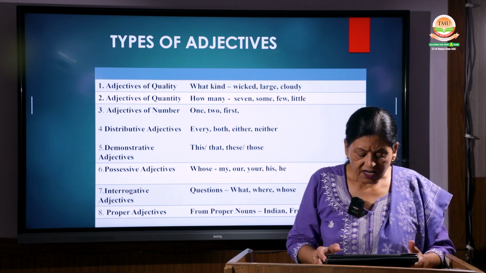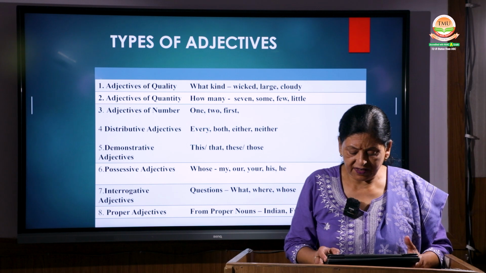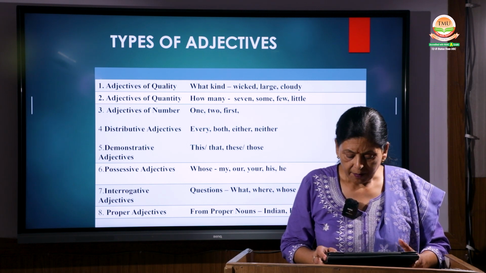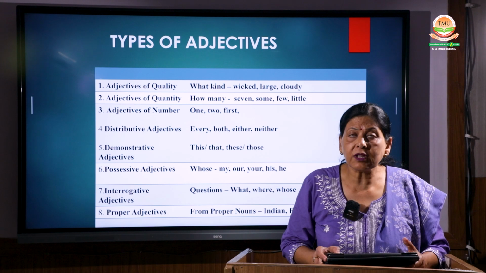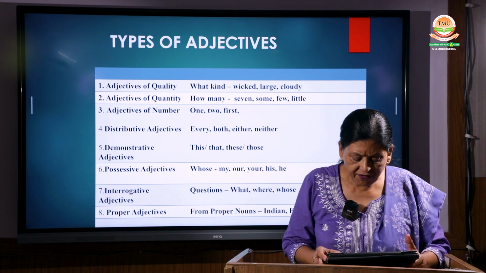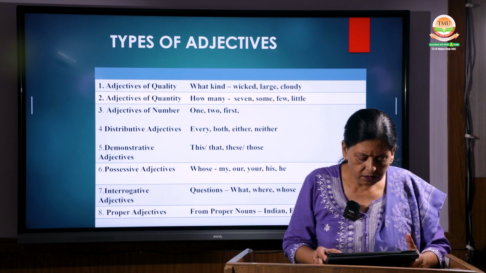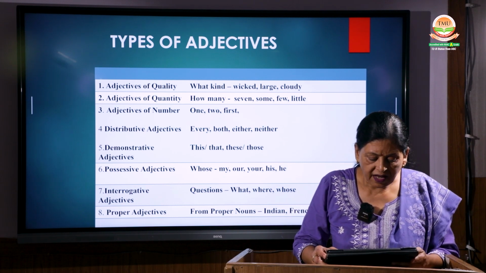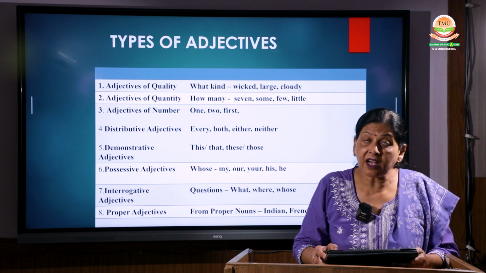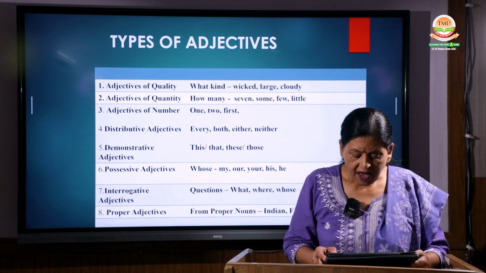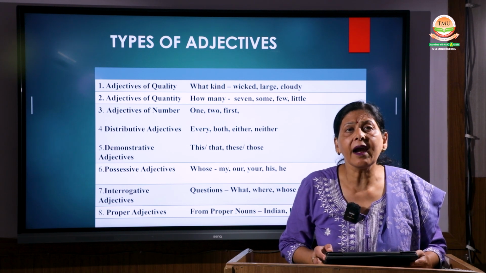Then the next is distributive adjective. Distributive adjectives are the adjectives that show distribution, means every, both, either, neither. So we were discussing distributive adjectives, that means every, both, either and neither.